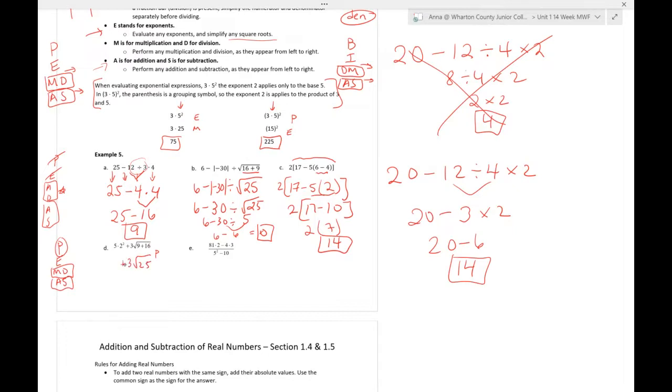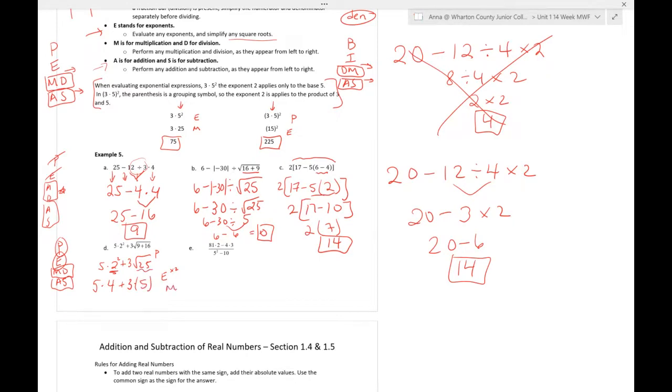We have the 3 on the outside there. Bring everything else down. Then we're going to evaluate exponents. So I'm going to do both at the same time. So 2 of them, because we have an exponent and a square root. So that's going to be 5 times 2 squared is 4, plus 3 times square root of 25 is 5.